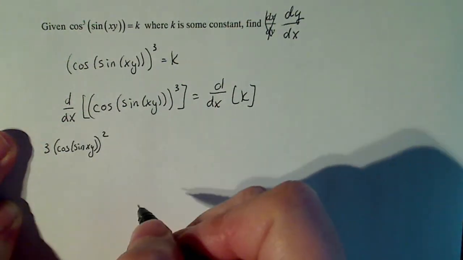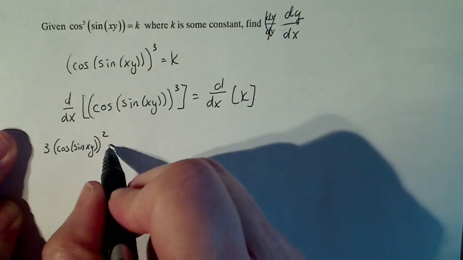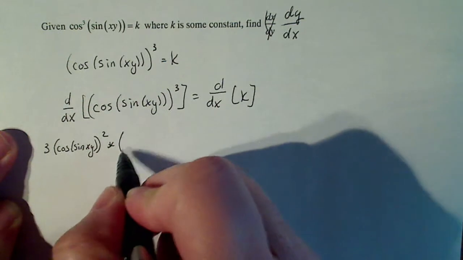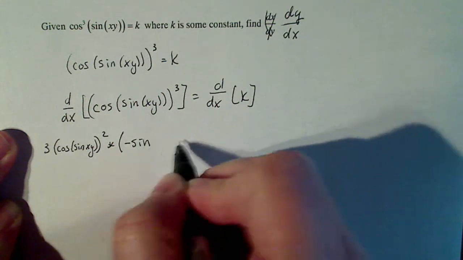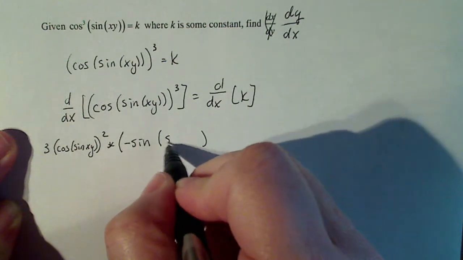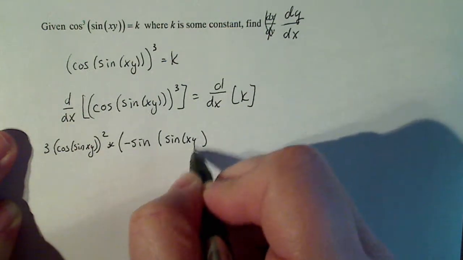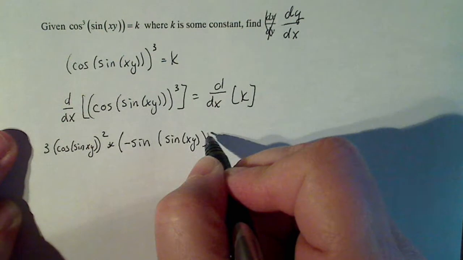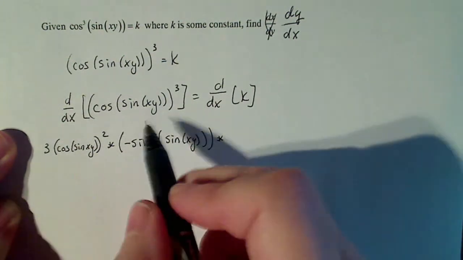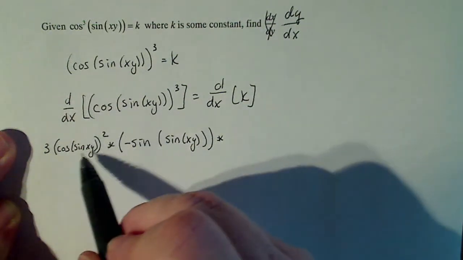Sorry that's so tiny. Times the derivative of the next bit. So the derivative of cosine is minus sine. And then the interior stays the same. Make sure my parentheses are right. Yeah, there we go.